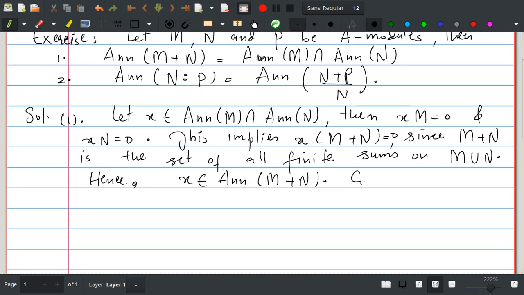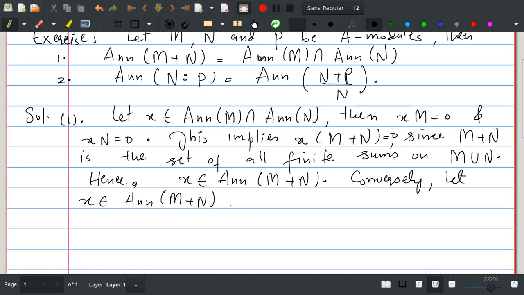Conversely, let x be an element of the annihilator of the sum of these modules.